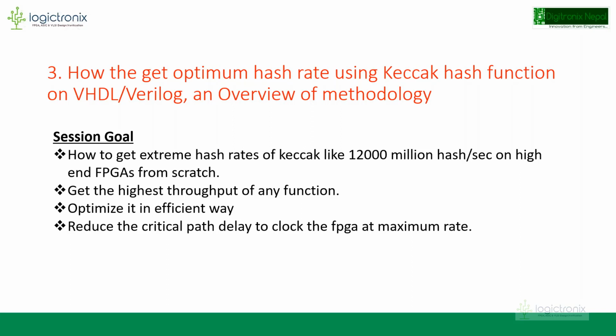We will talk about how to get the highest throughput, optimize it, and reduce the critical path delay. These are the main things needed if you are interested in hash-based development, like crypto-based mining application development for FPGA. So these are things you need to know.